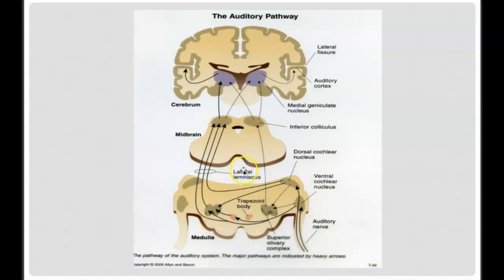Then you have the lateral lemniscus, the medial geniculate body at the level of the thalamus, and then it runs up to the auditory cortex on the superior temporal gyrus, Brodmann's area 41. There are tests that specifically assess SOC function, auditory cortex, and so forth.